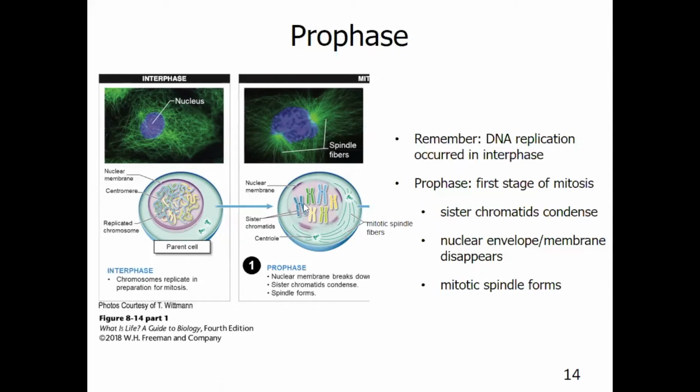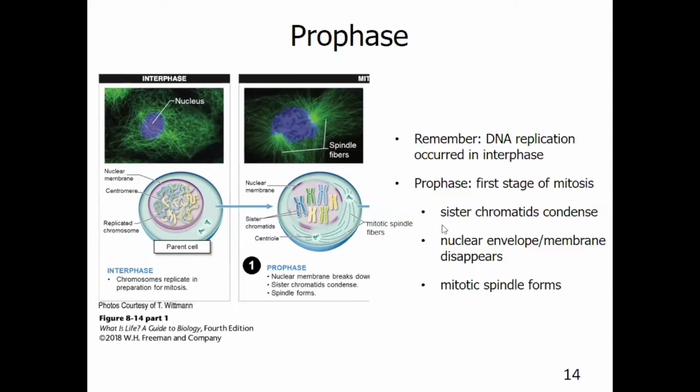So these are sister chromatids held together at the centromere, which is this center dot. We can see this in the figure above. Here in purple, again, is the nucleus, and these really dark purple spots are the condensed sister chromatids.